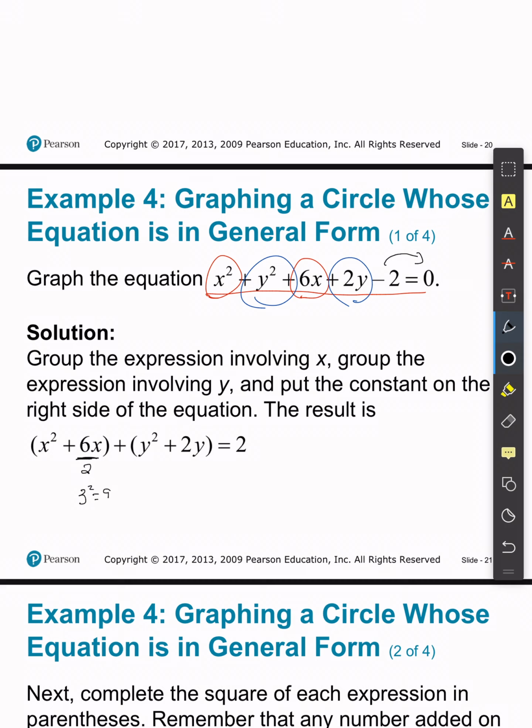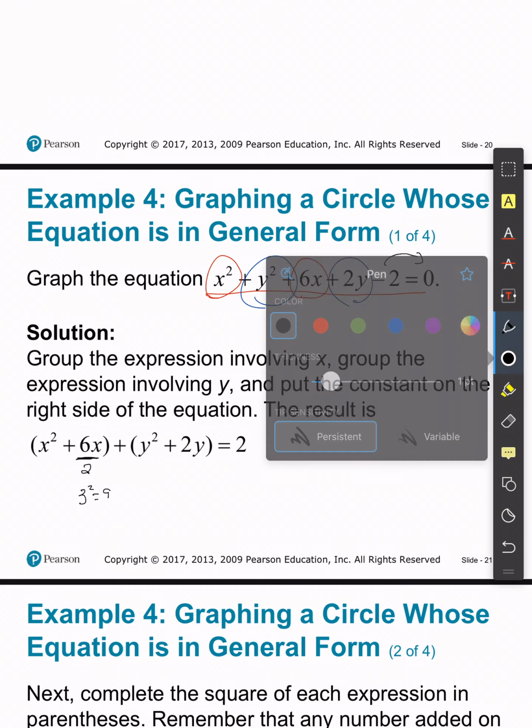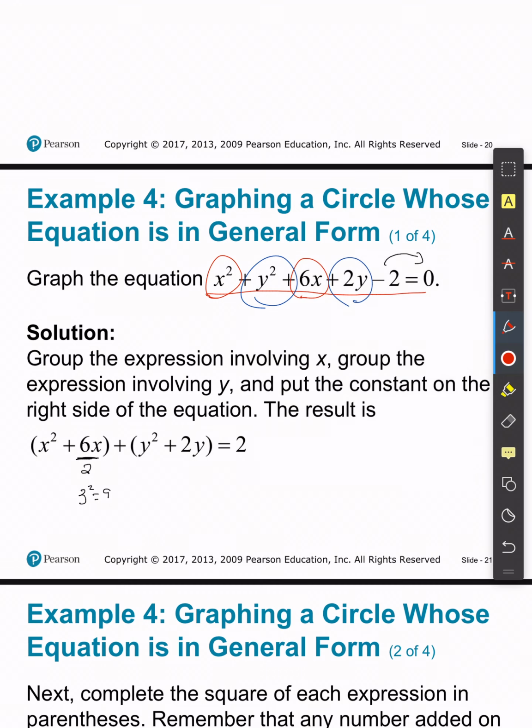So remember that when we complete the square, we get this perfect square that's very easy to factor. So we get x squared plus 6x. I'm going to add in a 9. But notice, guys, there's an equal sign here. If I add a 9 to one side of the scale, I've got to add a 9 to the other side of the scale. So we're going to do that right now.